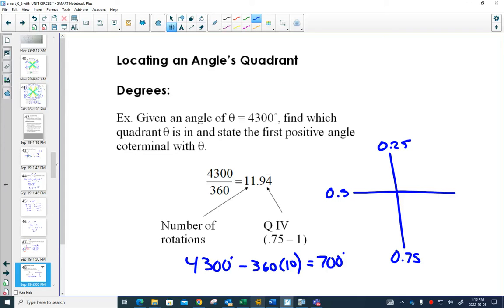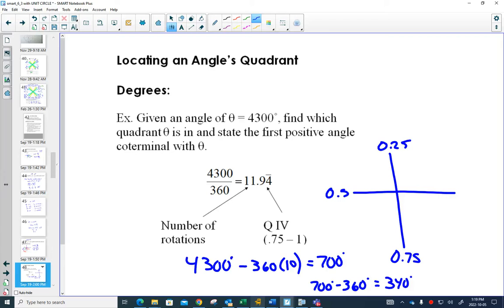And if I subtracted 360 once more, I get 340 degrees. And 340 degrees is also coterminal then. And then I would be able to tell, oh, that's in quadrant 4, because I know 340 would end in quadrant 4 because it's 360 degrees all the way around.